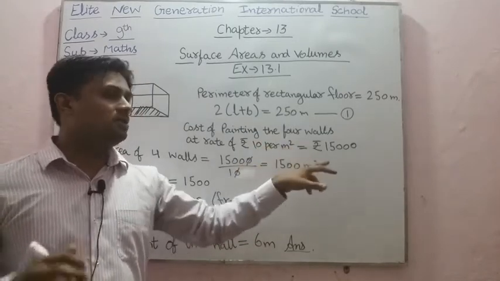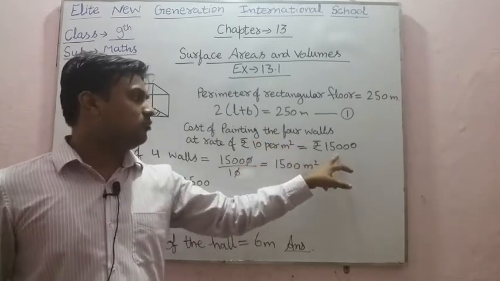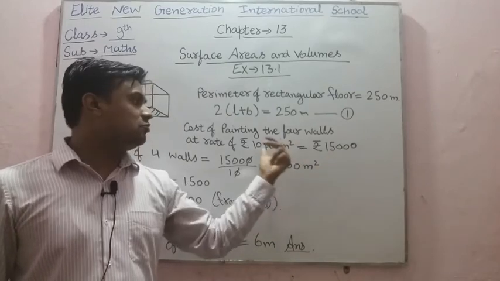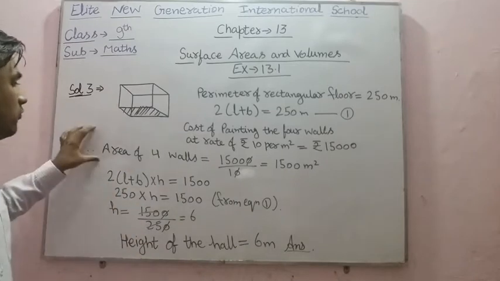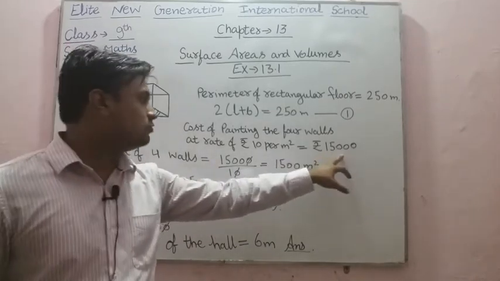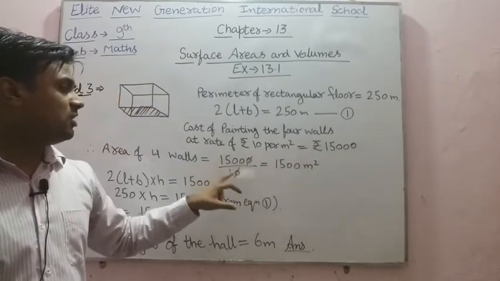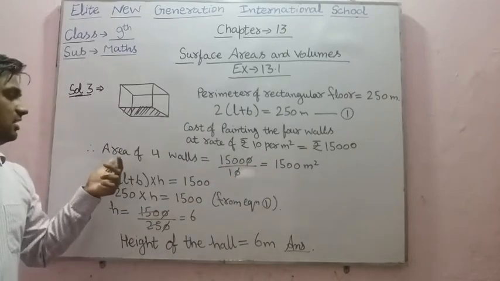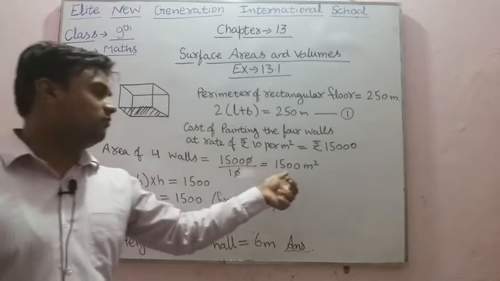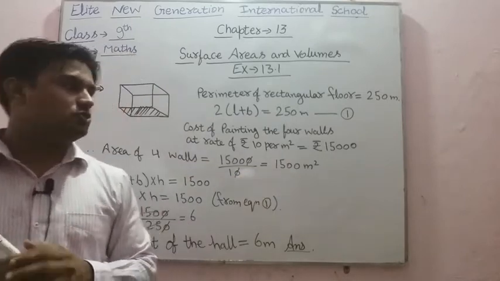So by using this we can find the area of 4 walls. Area of 4 walls will be equal to 15,000 upon 10, which is 1500 meter square.